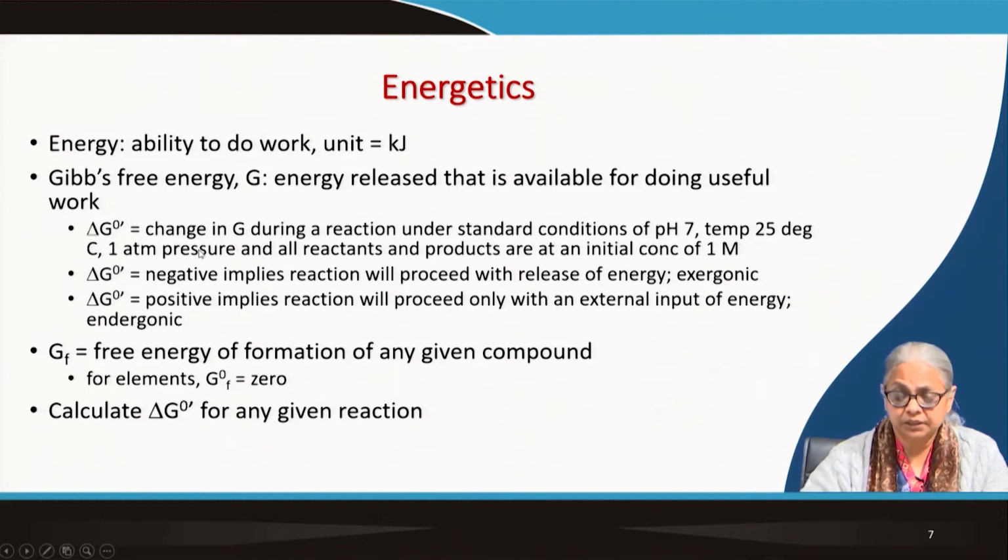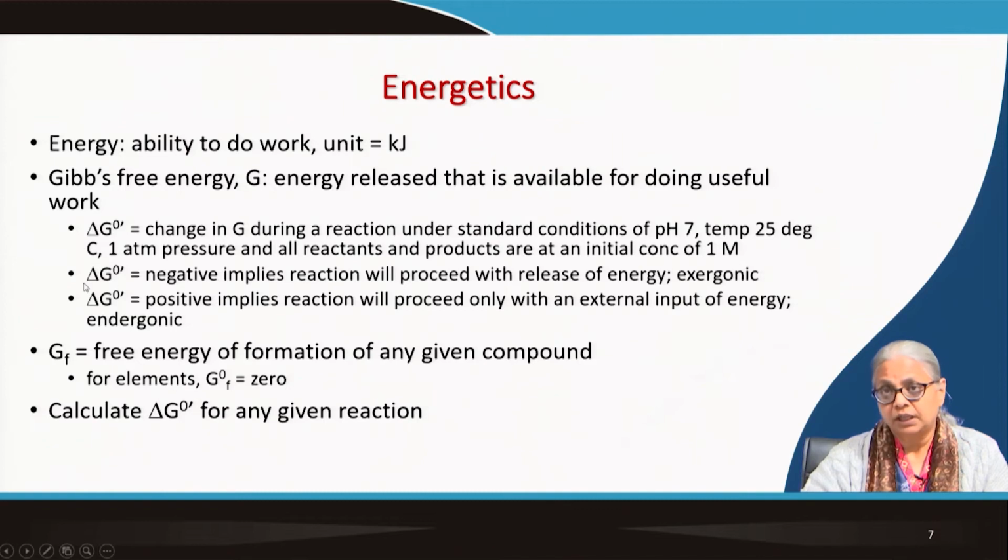This is the change in the free energy during a reaction under standard conditions of pH 7, temperature 25 degrees centigrade, 1 atmosphere pressure, and assuming that all reactants and all products are at an initial concentration of 1 molar, so 1 mole per liter for each of them.